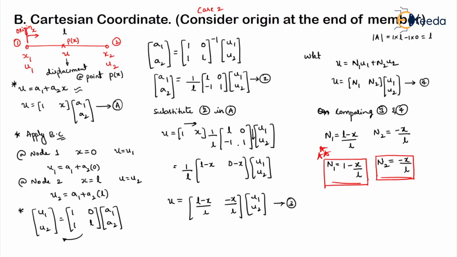It's 1 into 0, x into 1. It's plus x. So this will be plus, here this will be plus, and here this will be plus. Now if you want to draw the shape function, see n1, what did we get? 1 minus x by L, and n2, what did we get? x by L.